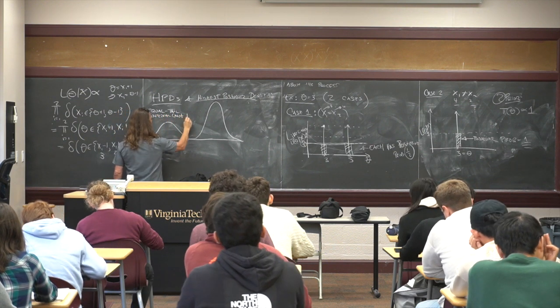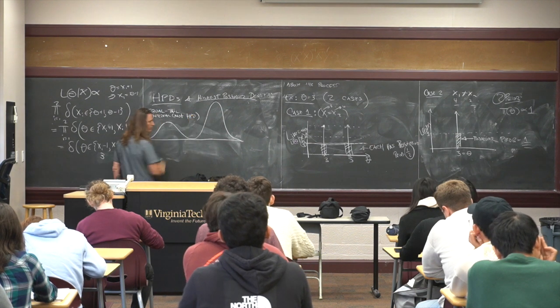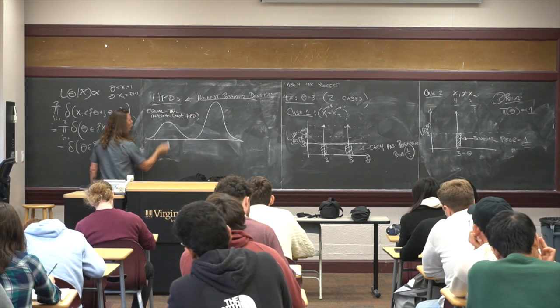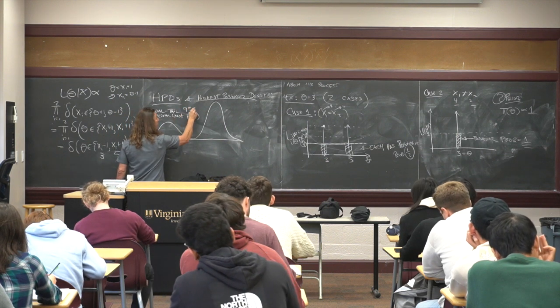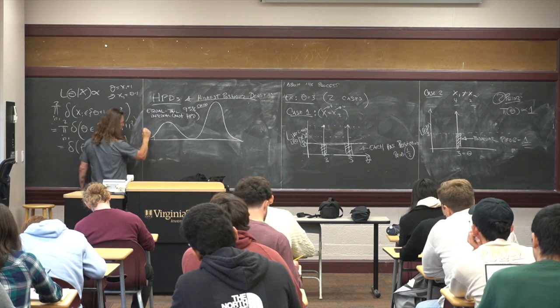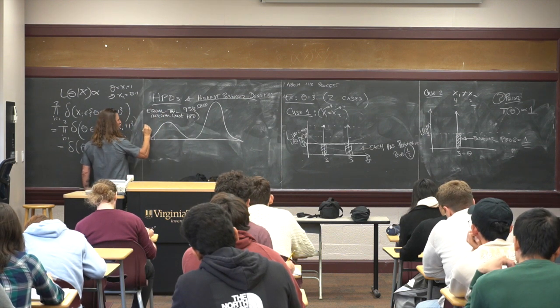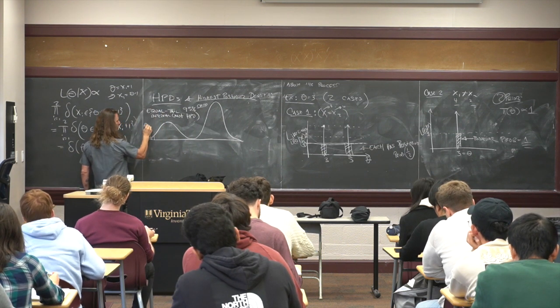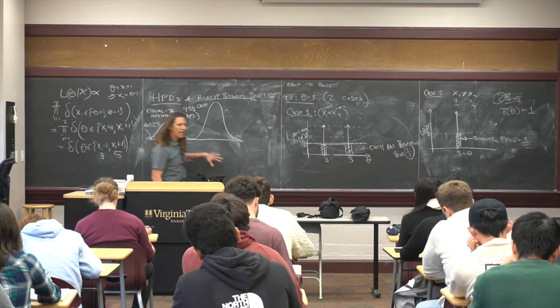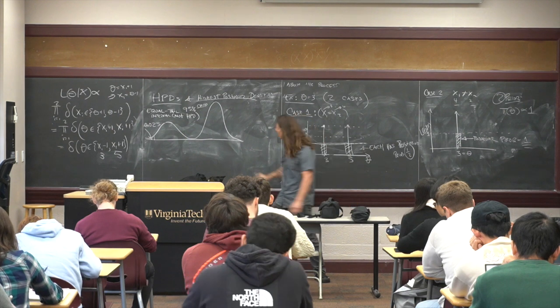This is not an HPD. I'll show you an HPD in just a second. So I'm going to let this be a 95% credible interval. So what I'm going to do is chop off 2.5% right here. So 0.025. This has been normalized. It all adds up to 1.